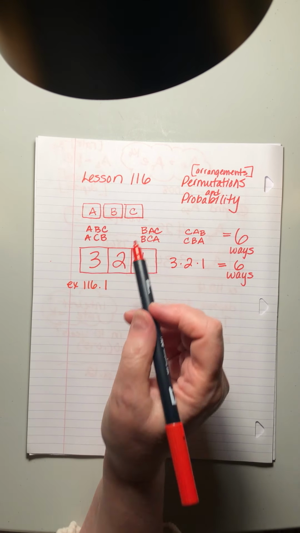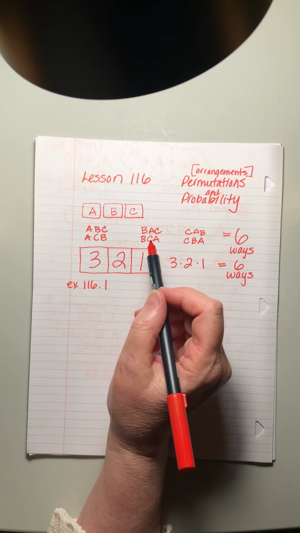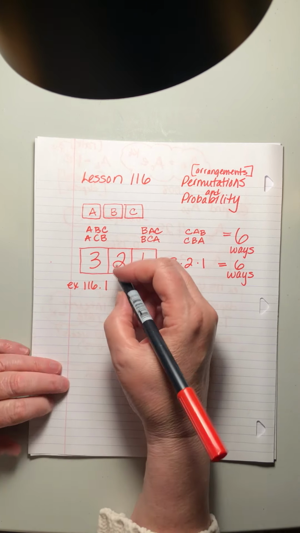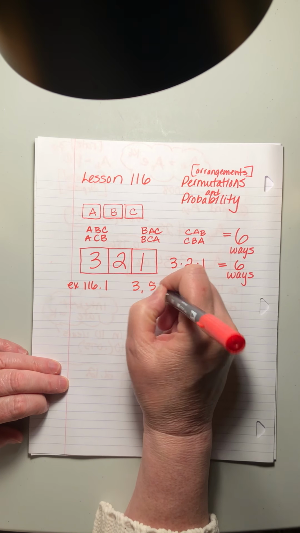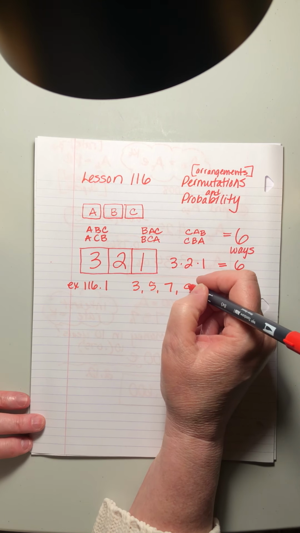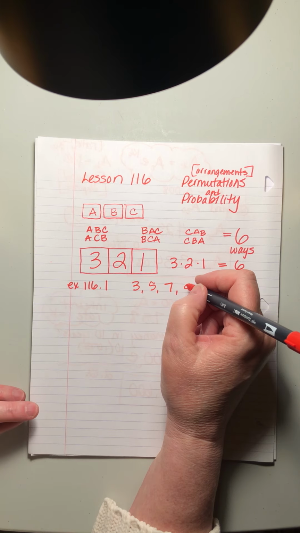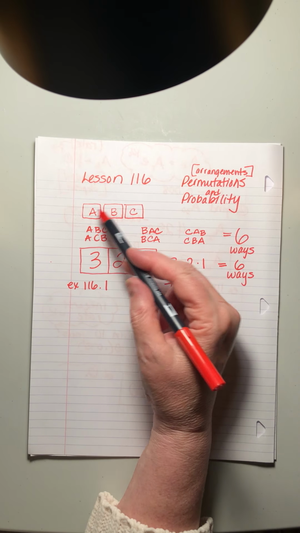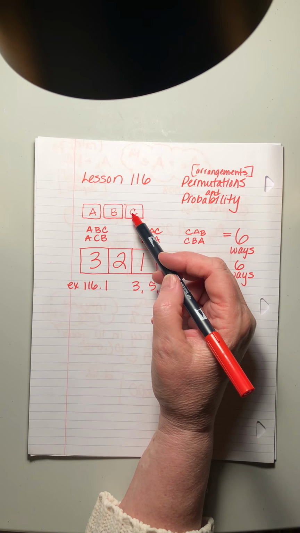That was one of John's cheater problems that wasn't actually a problem. How many different ways can the numbers 3, 5, 7, and 9 be arranged if no repetition is permitted? Okay, that was like me saying these were on Scrabble tiles, so you can't use them over and over.